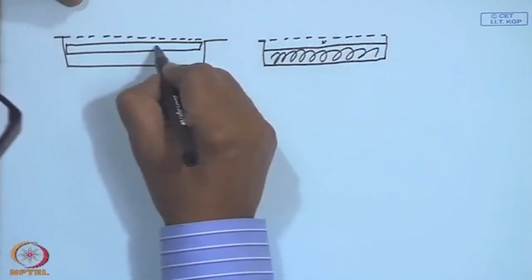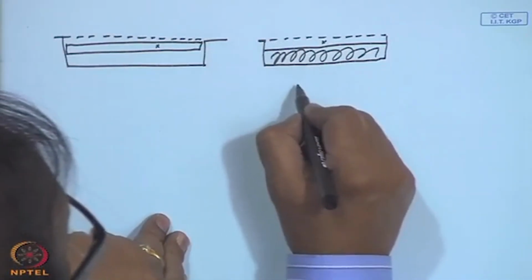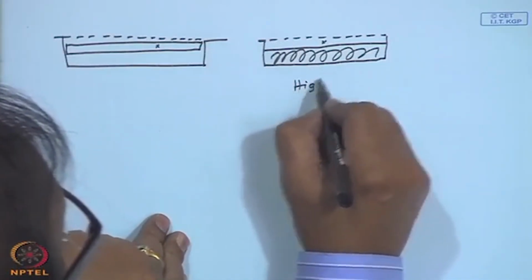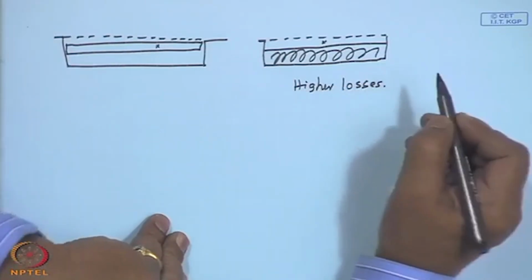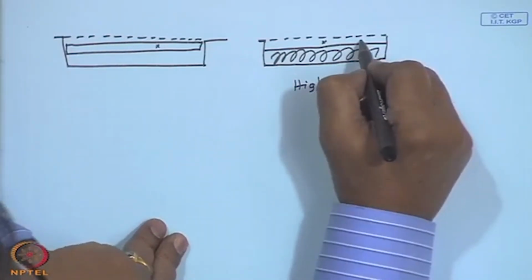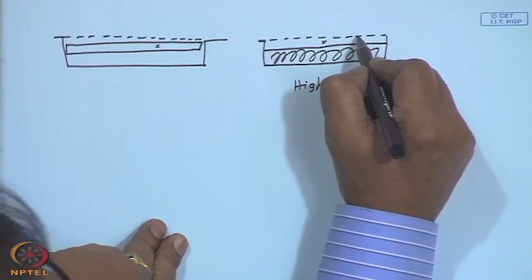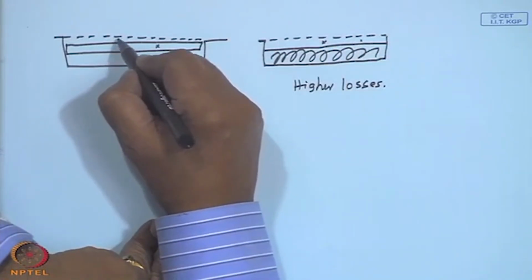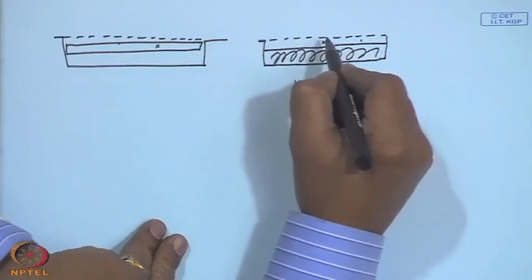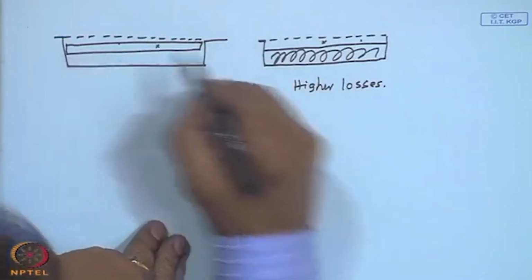Obviously, here the losses are higher. This being hot air is directly in contact with the top radiation and convection losing surface, the glass cover. Whereas, here at the absorber, there is free convective loss instead of a forced convection loss. So, this is expected to be better.